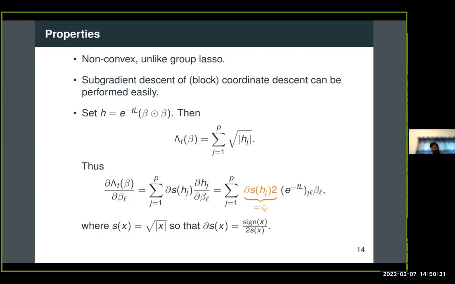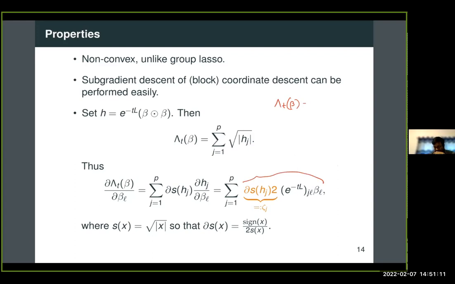So I'll do a very quick subgradient calculation here. Remember, this lambda t beta is our newly proposed penalty. If I denote by h the heat flow operator applied on the vector of beta squared coordinates, then this penalty is nothing but the sum of the square root of absolute h_j. If you take a derivative with respect to one of the coordinates, a very nice formula emerges.